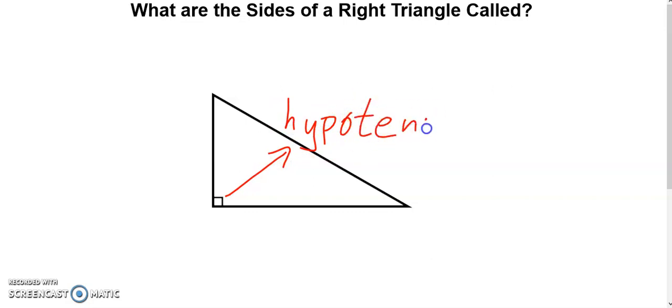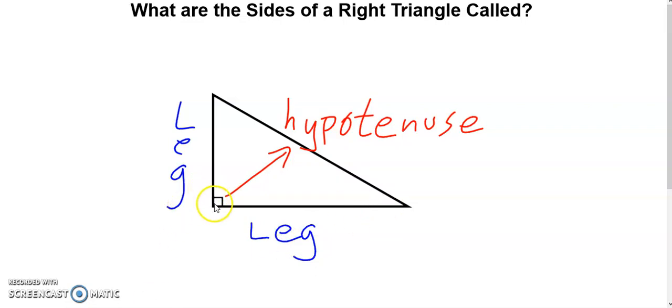The hypotenuse is the longest side of my right triangle. The other two sides are called legs. So a right triangle will have a right angle, two acute angles, the hypotenuse, which is the longest side and is always across from the right angle, and two legs.